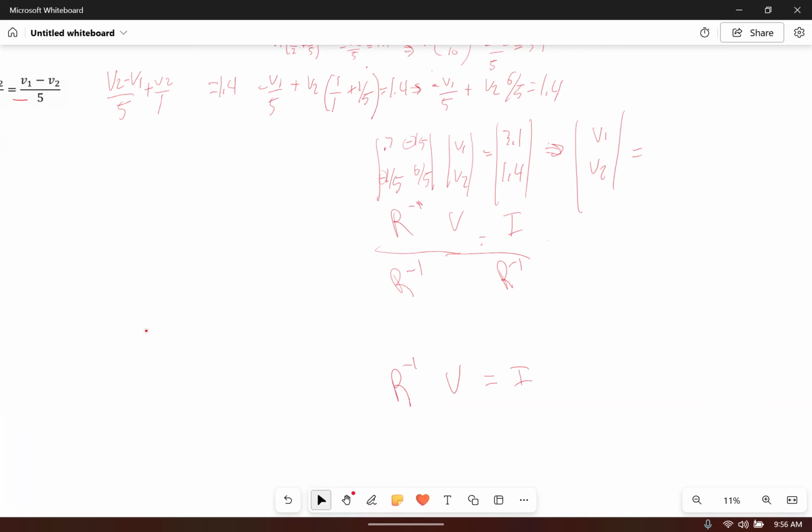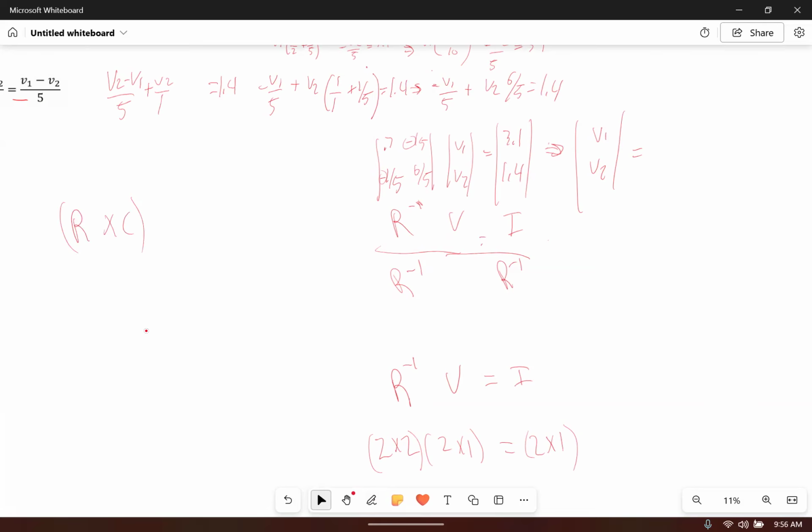And here's the thing. In matrices, I have to be very careful about dimensions. R is a 2 by 2 matrix. It's 2 rows and 2 columns. V has 2 rows and 1 column. And I has 2 rows and 1 column. Those are the dimensions of the matrix. If you can't remember, it's rows by columns is how you define the matrices.